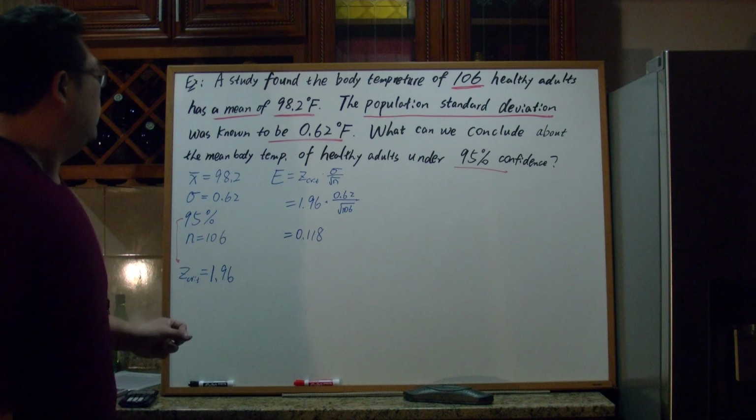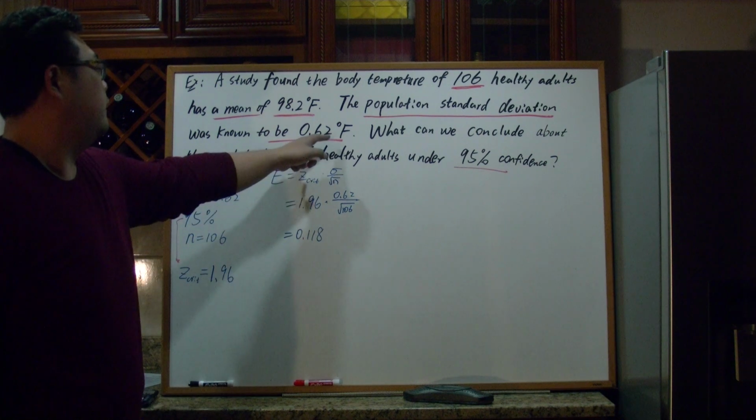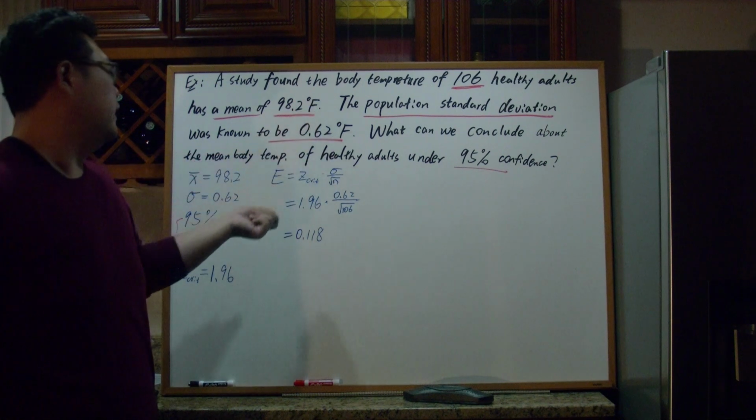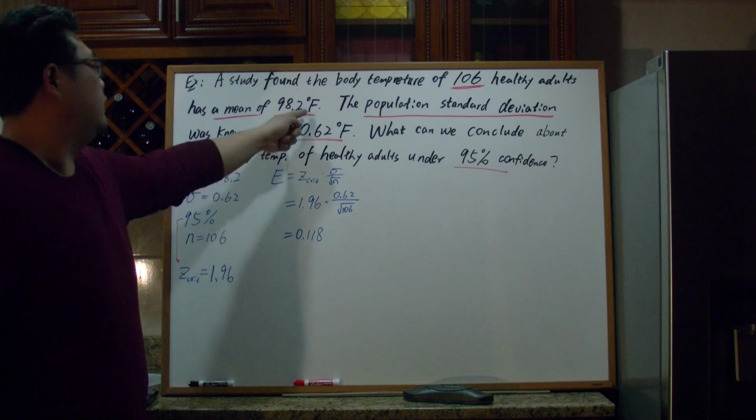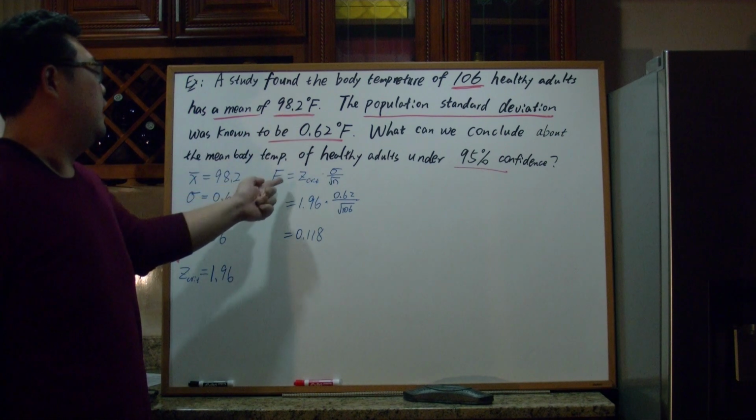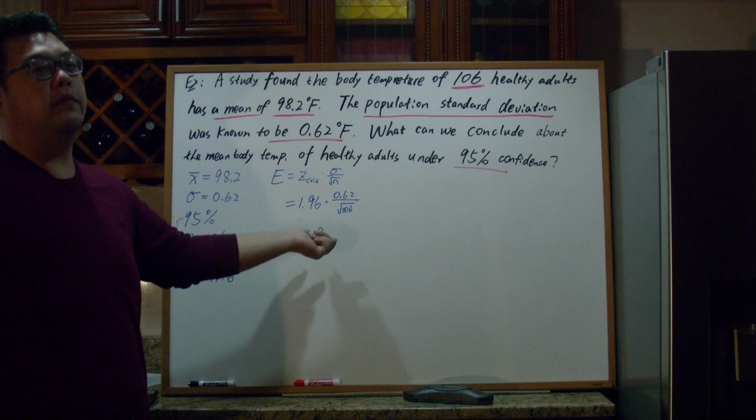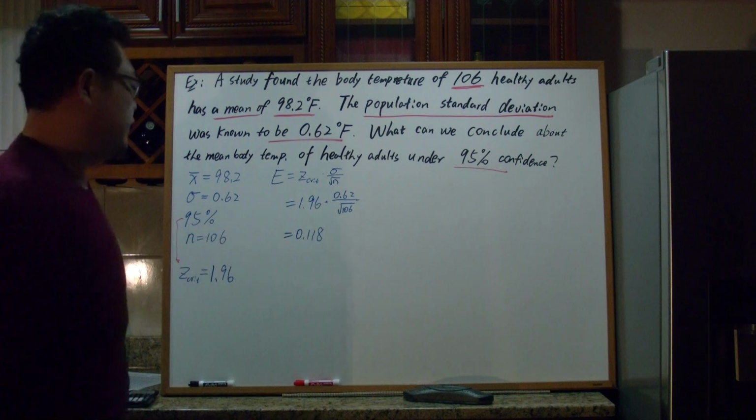So the standard deviation has the unit of degrees Fahrenheit, the sample mean has the unit of degrees Fahrenheit, and then the margin of error will be the same unit of degrees Fahrenheit.